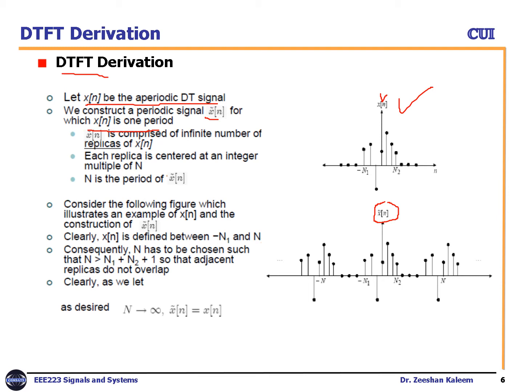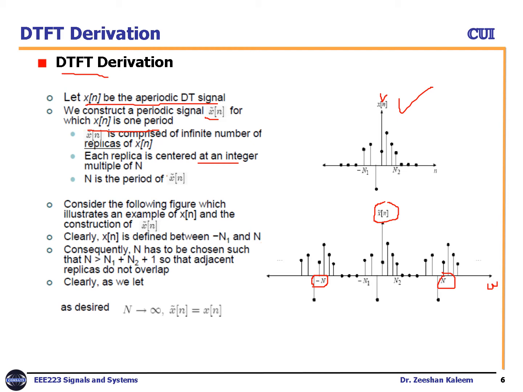Each replica is centered at an integer multiple of N. For example, minus n1 to n2 is the range of this signal, whereas the other portion repeats after N on the positive side, then again at minus N, then again at 2N, and so on. It keeps repeating, so it becomes a periodic signal.